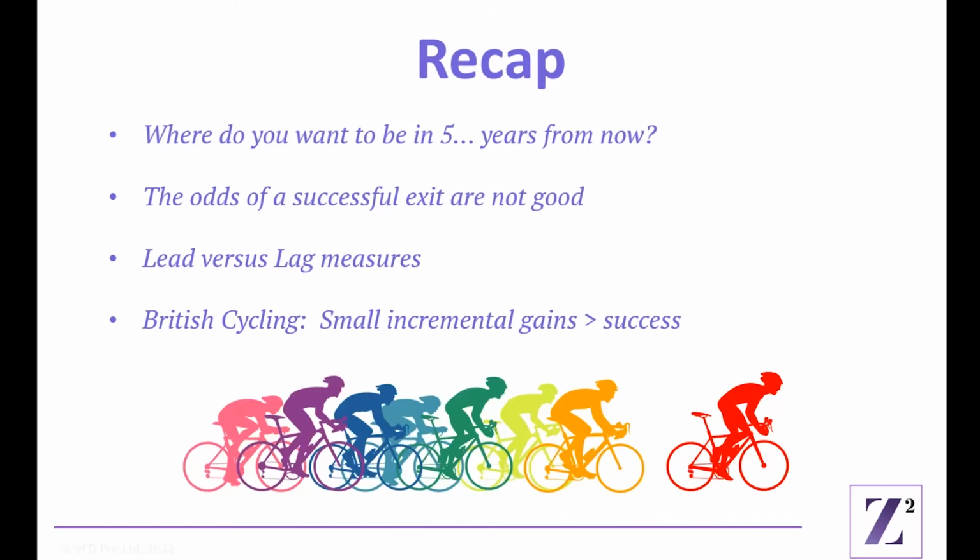Remember, as of 2002, the British cycling team had only won 1 gold medal in their 67-year history. In 2008, at the Beijing Olympics, the British team won 7 out of 10 gold medals and repeated that success in London 4 years later. The team then went on to win 3 out of 4 of the recent Tour de France events. How did they achieve that success?